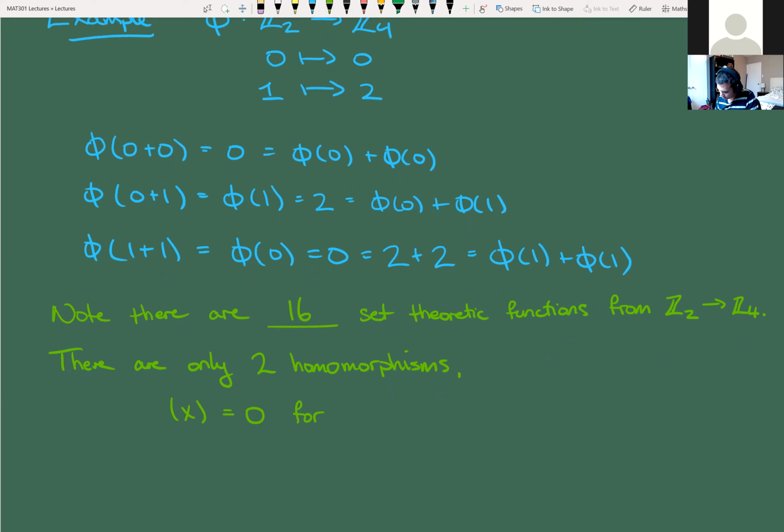Let's call it the 0 map. It maps everything to 0, and you should be able to convince yourself very quickly that it's a group homomorphism. Why? Because everything maps to 0, so if you take phi of x plus phi of y, when you add those things up, you get 0. So convince yourself that's a group homomorphism. And then the function phi that we defined above.